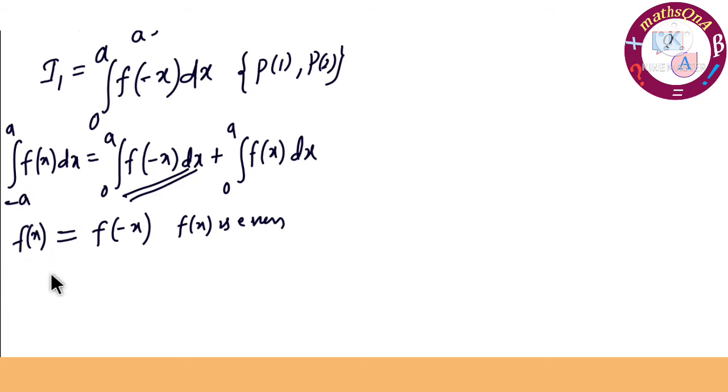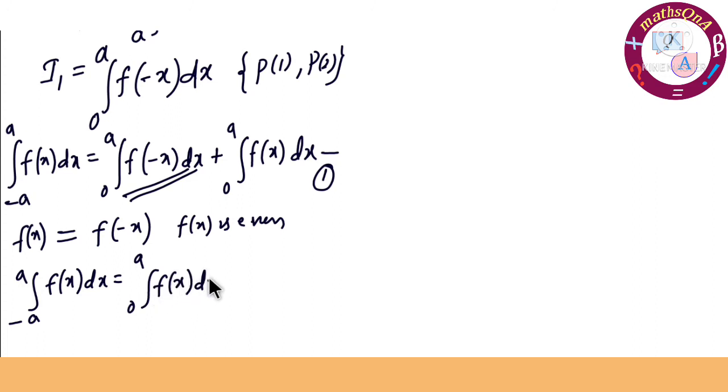Now this equation, equation number 1, we put in. So equation 1 becomes integration of minus a to plus a f of x dx is equal to integration of 0 to a, f of minus x becomes plus f of x when even, plus integration 0 to a f of x dx when the function is even.